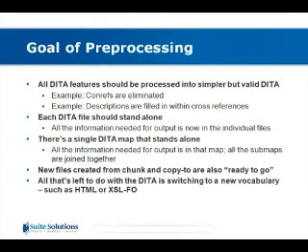So our basic goal with all of this preprocessing, we want to make sure after we do all of our preprocessing that all the DITA features are processed into as simple XML, as simple DITA as we can get, and that each DITA file should stand alone, so that each DITA file, by the time we're done processing, has all the information it needs for output. Same thing with the map. The map is going to be merged. If you have a bunch of submaps, it'll form a single map.